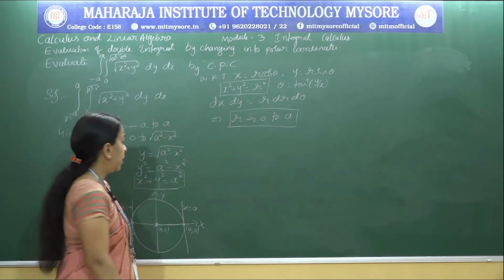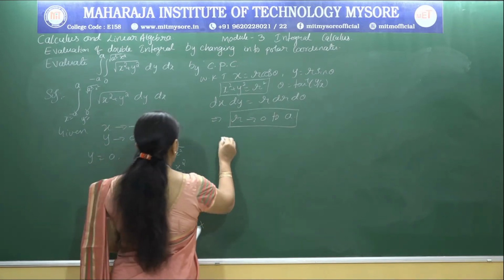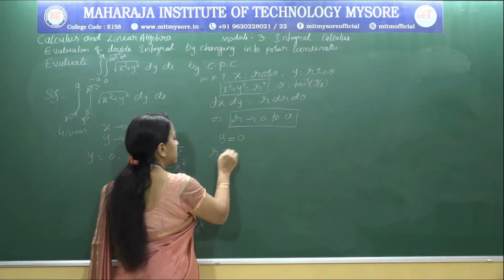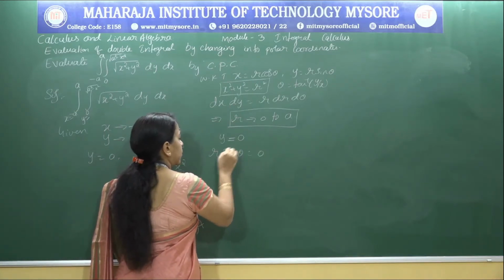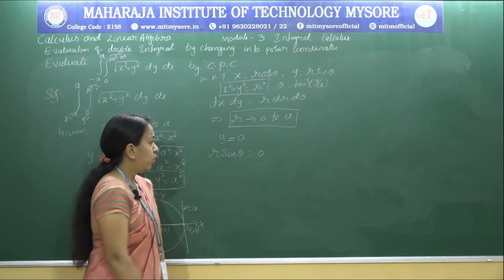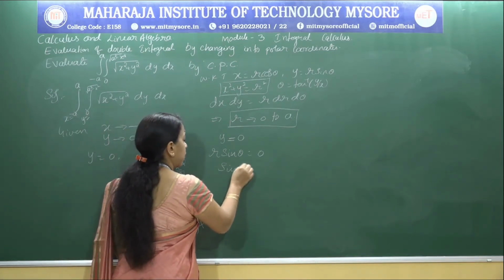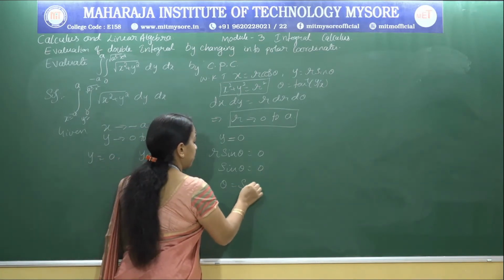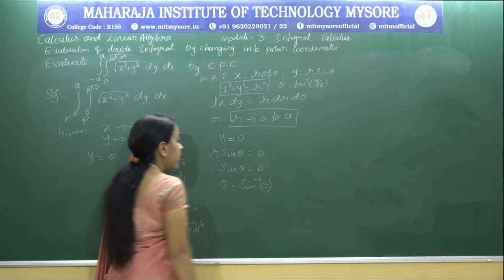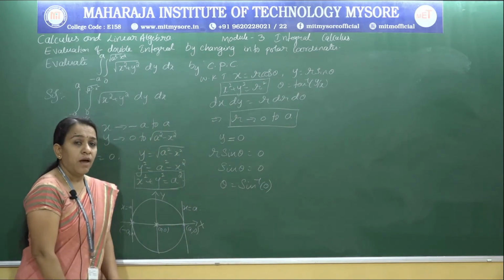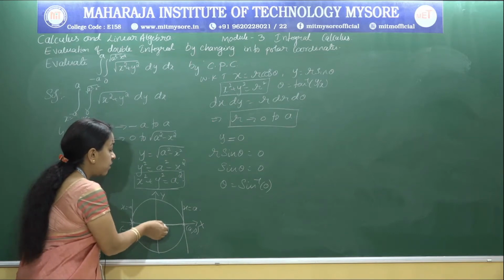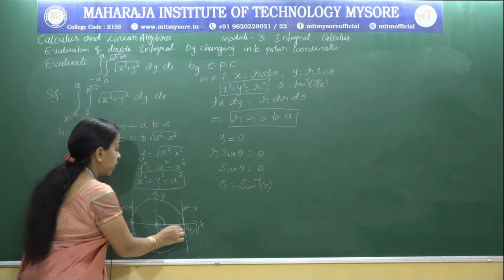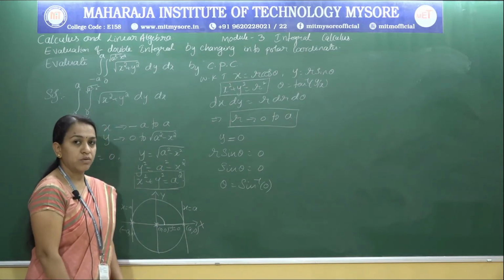Next, to find the limit of theta, we have y equal to 0, the given limit, and we know that y equal to r sin theta. If I equate that to 0, we know that r is 0 and also sin theta is 0, right? So theta equals sin inverse of 0, because we are going to measure the angle which starts from the x axis, where the x axis equation is y equal to 0, that is why we consider y equal to 0 there.